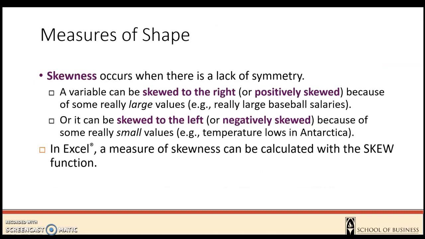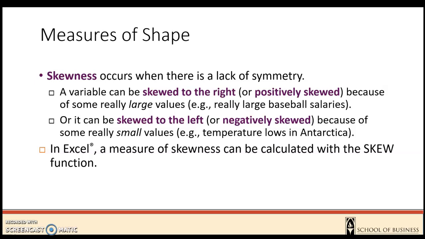So we'll talk about skewness in our graphs during this class, and that occurs when we have no symmetry. So you can be skewed to the right, which is positively skewed, because you have some large values. And so what that does is that kind of drags your distribution to the right. And so it is skewed to the right because you have the long tail on the right, and I'll show the pictures here in a second.